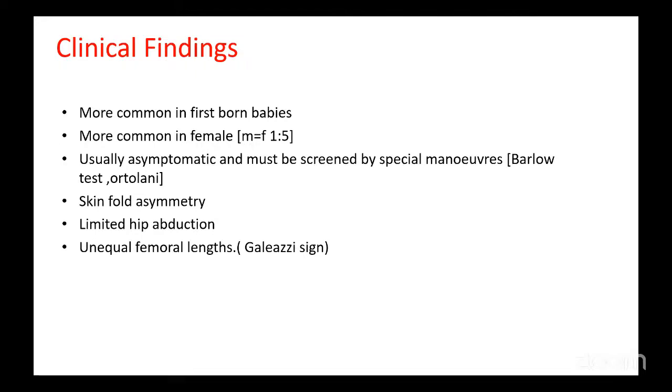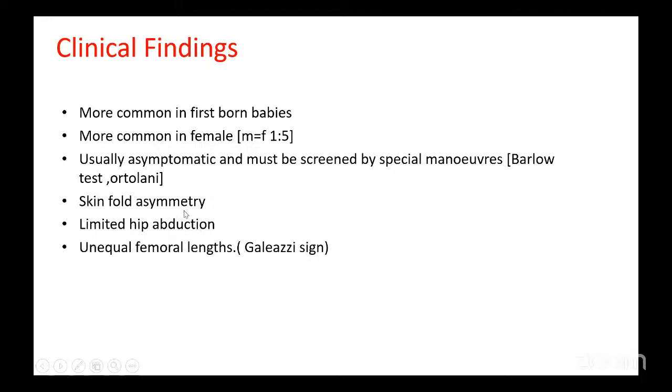There will be skin fold asymmetry, limited range of movement at the hip, especially abduction, and unequal femoral length. The first two cannot be explained easily, but the other things are clinical features which can be explained very easily.